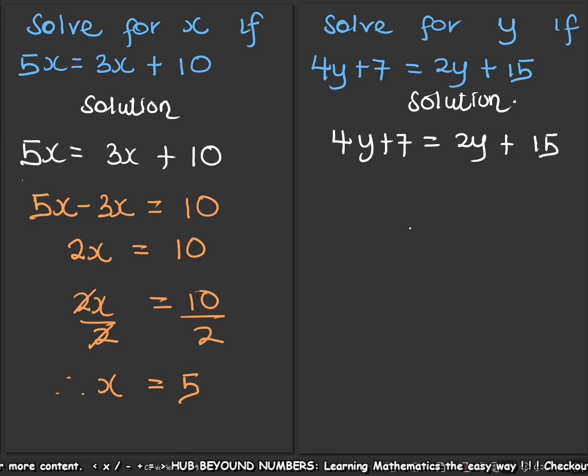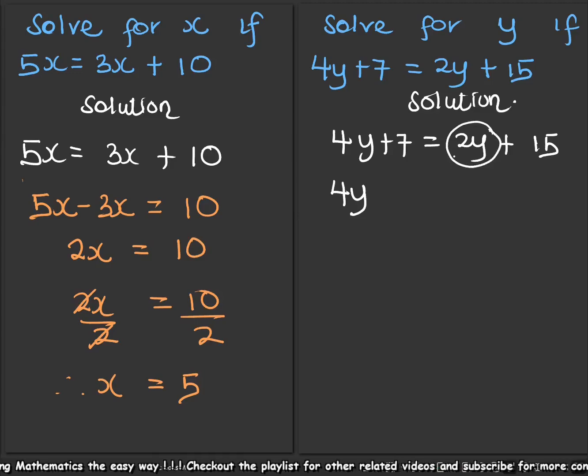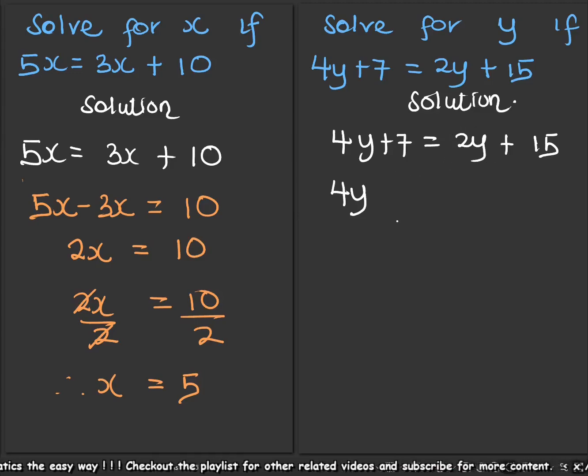Whenever you are moving, be particular about the signs in front. In this case, we have our 4y, and we want to move all y's to the left hand side. So I'm going to move this to the left hand side, so that instead of a positive 2y, it is going to be negative 2y.